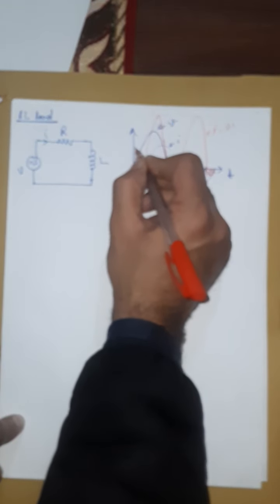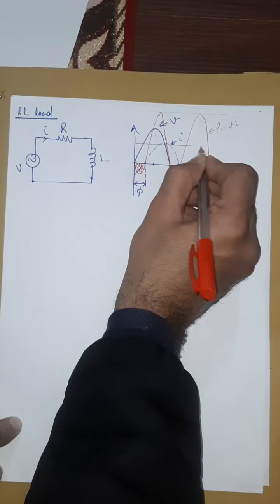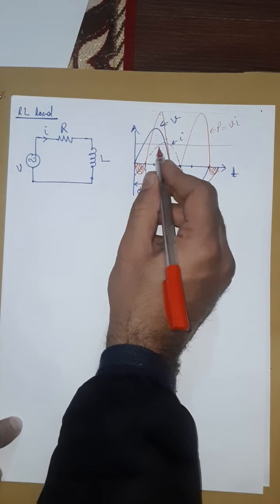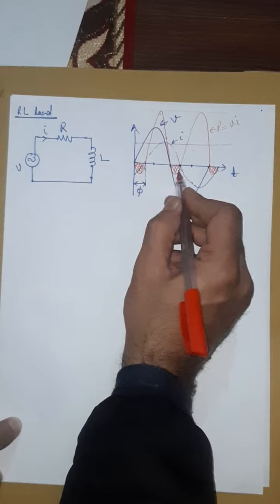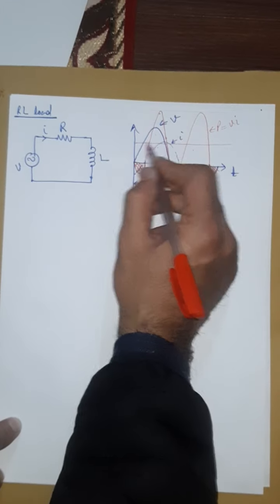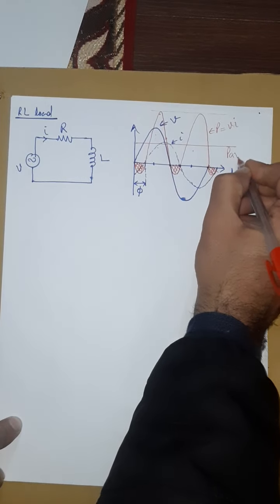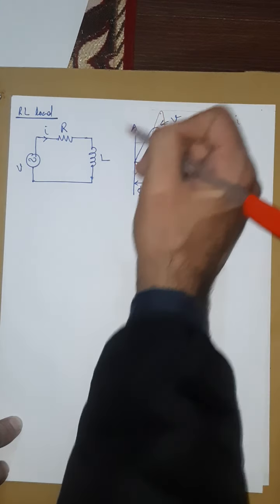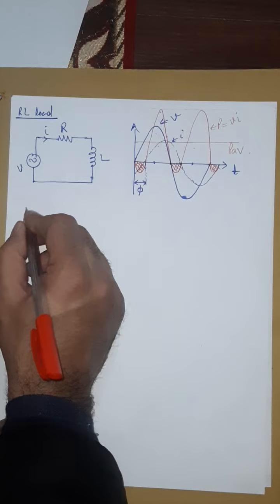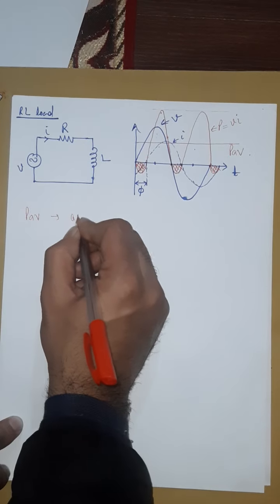P average will be somewhere here, meaning this area plus this area plus this area plus this area plus this area. This negative area is small, positive area is more. So overall the average power will be positive. So this will be P average. This P average is the active power that actually goes into the load. What is P average? P average is the actual power.